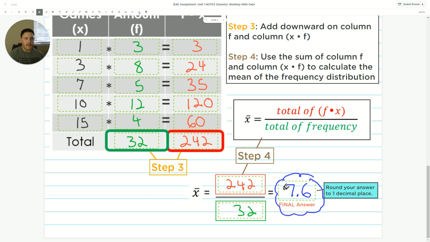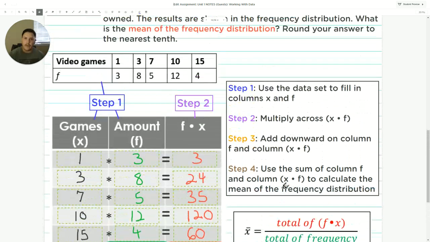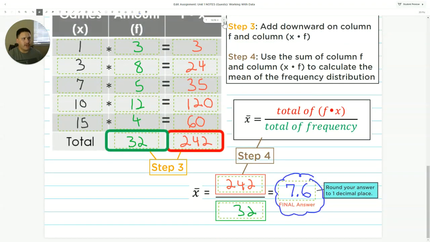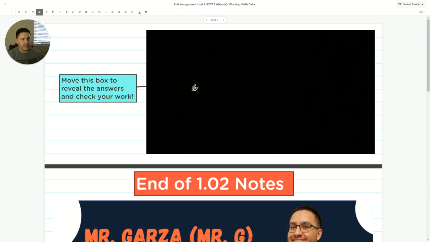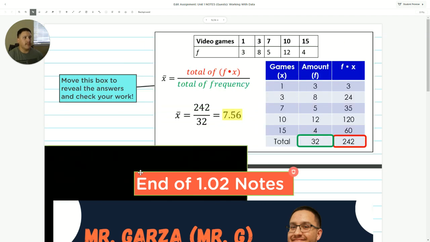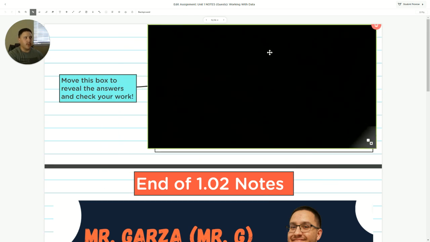In the context of this word problem, the average amount of video games a person has is about 7.6 games based on our survey. Let's check our answer just to make sure, since we're dealing with a lot of numbers. Yeah, 7.6. I have 5.6 right there, but it should be 7.6.